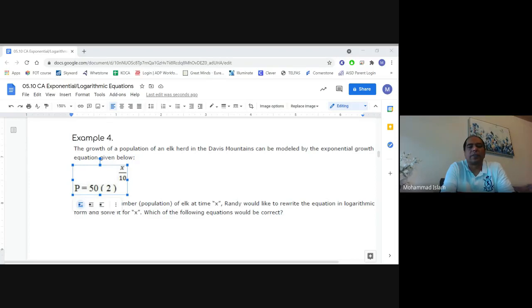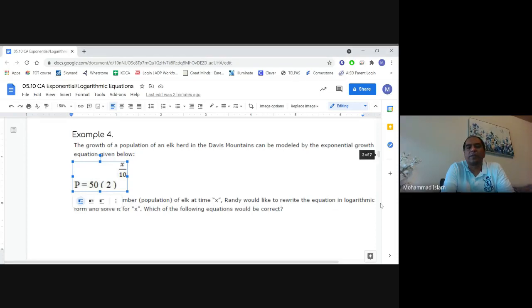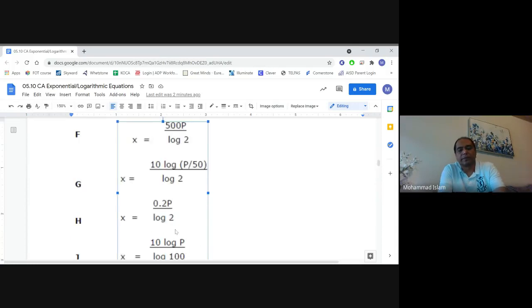Okay, so this is the expression, and then these are the options. Let me write down the 4 options as well. Okay, so here now let's solve it.